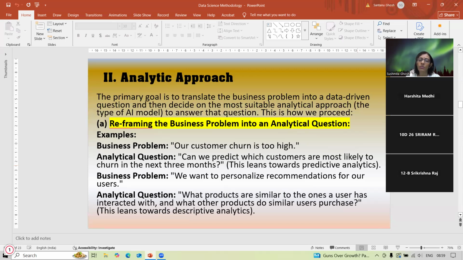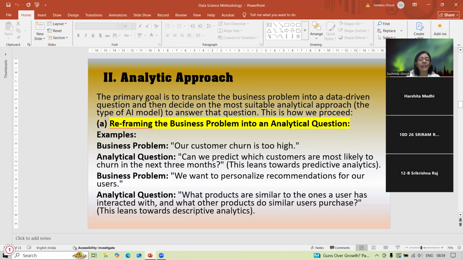Right? So I am coming to this particular question here, and this is what my analytical approach is helping me do. Like here, my next question is, my business problem is, we want to personalize recommendations for our users. That could be any brand or any site. Personalized recommendation, हमें जो समझ में आता है immediately, that is YouTube, right?